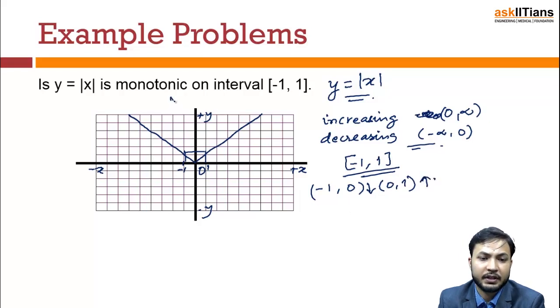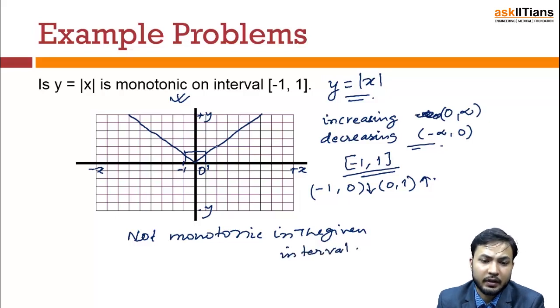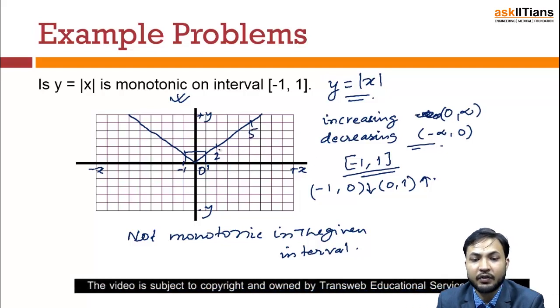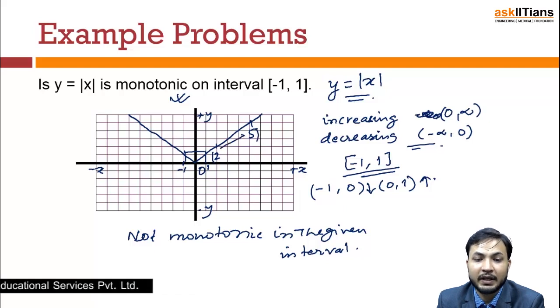So in this case, this is not a monotonic function in the given interval. Now if it were in the domain of, let's say, 2 to 5, this function would have been increasing.